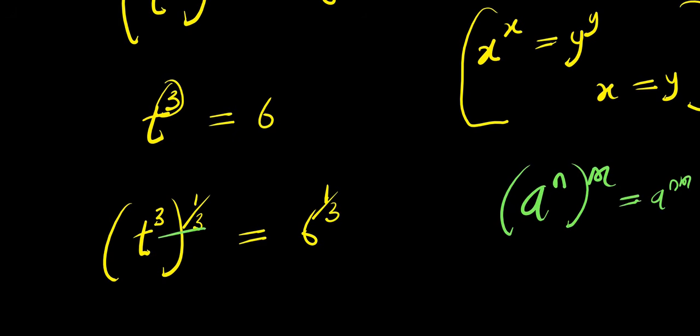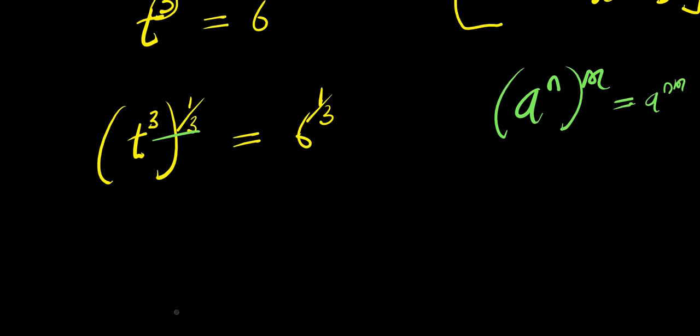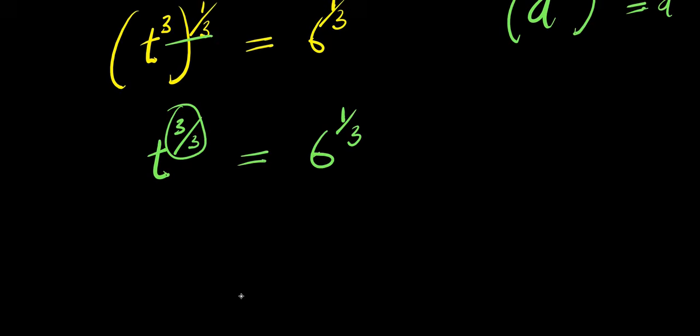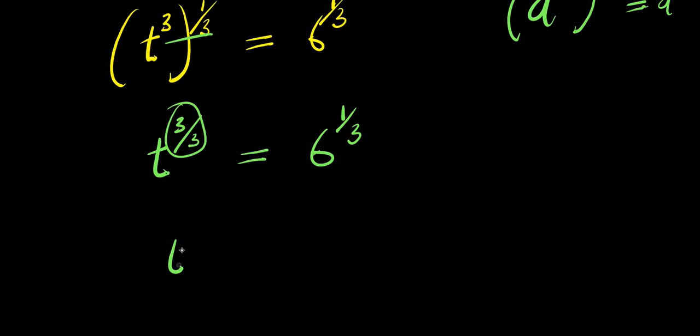You multiply this out, you are going to get t to the power of 3 times 1, that is 3 over 3, and this equals 6 power 1 over 3. And 3 divided by 3 is 1, so you have t equals 6 power 1 over 3.